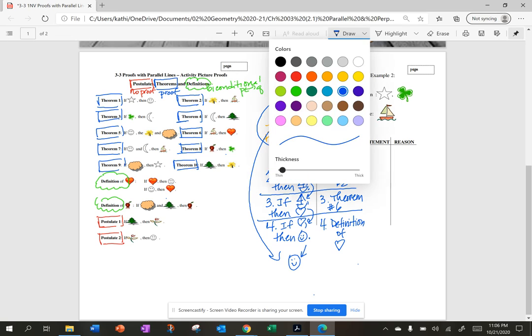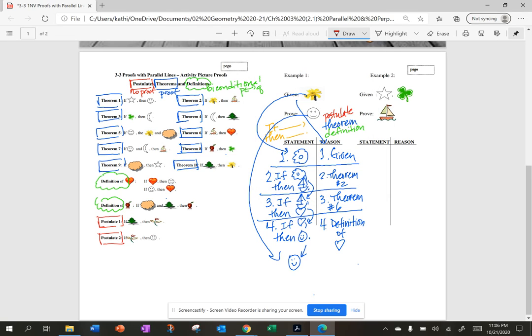Let's do one more example. This time I'm given two things. I'm given a star and a shamrock, and I'm trying to prove a boat. Okay, so I'm going to just write in that I have a star, and that this is given.